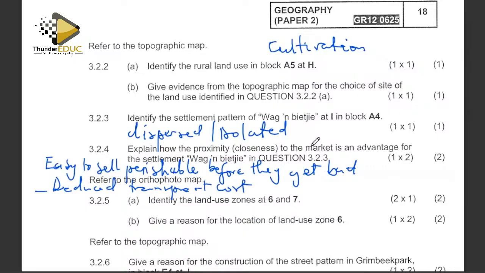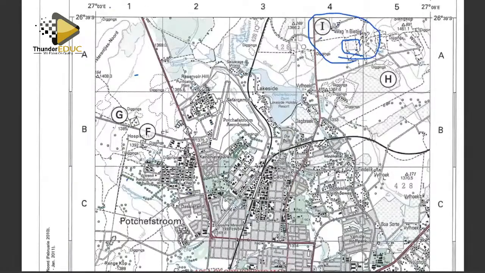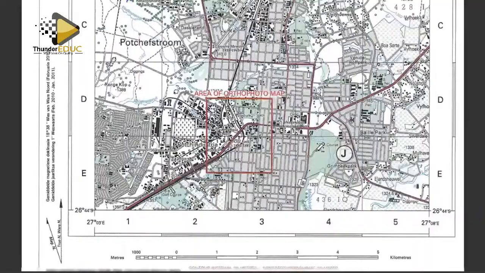Right, let's go to the next question, number 2325. I didn't refer to the orthophoto map. Identify land use zones 6 and 7. If we check on our map, we want to identify areas 6 and 7.